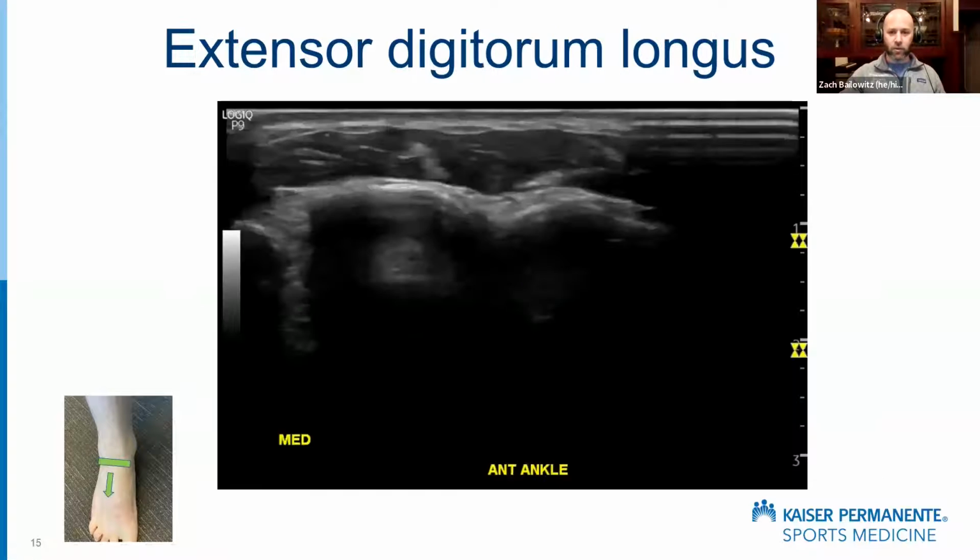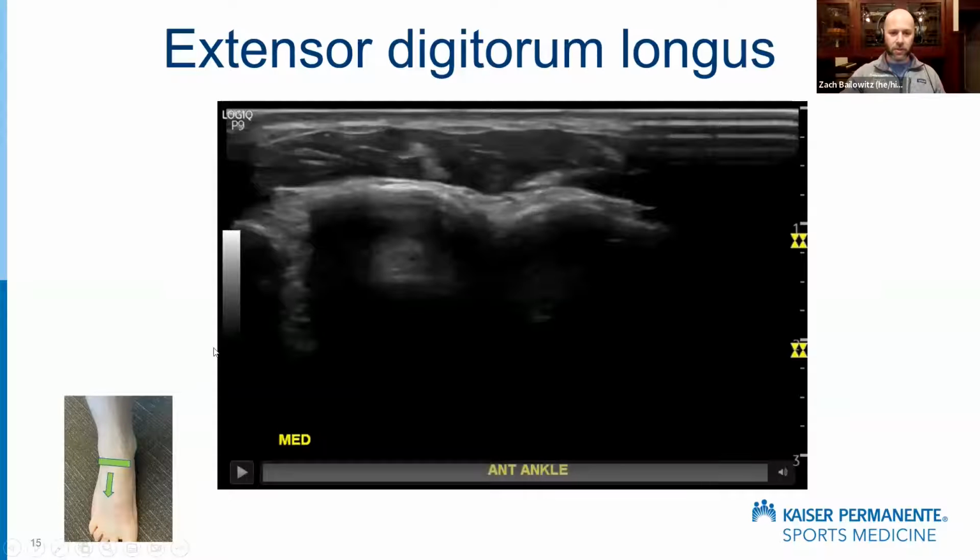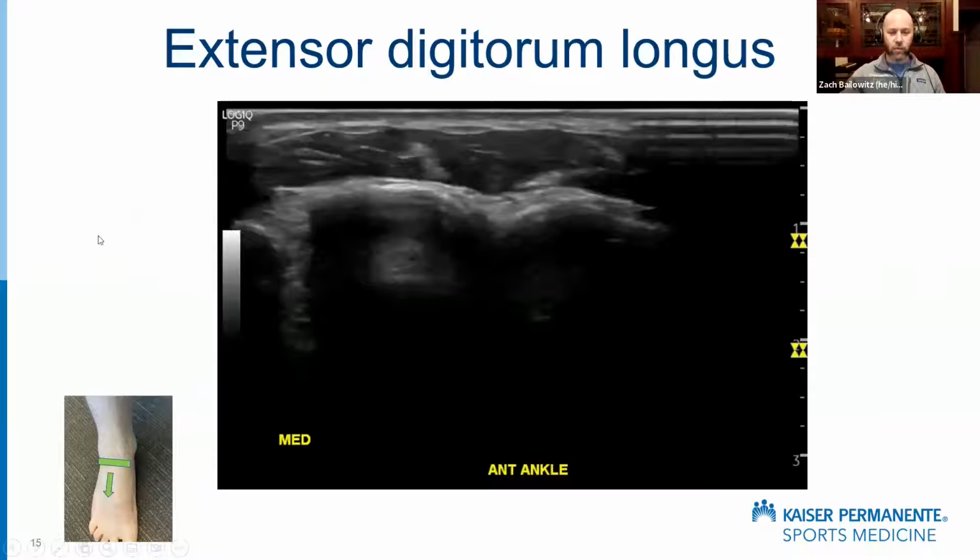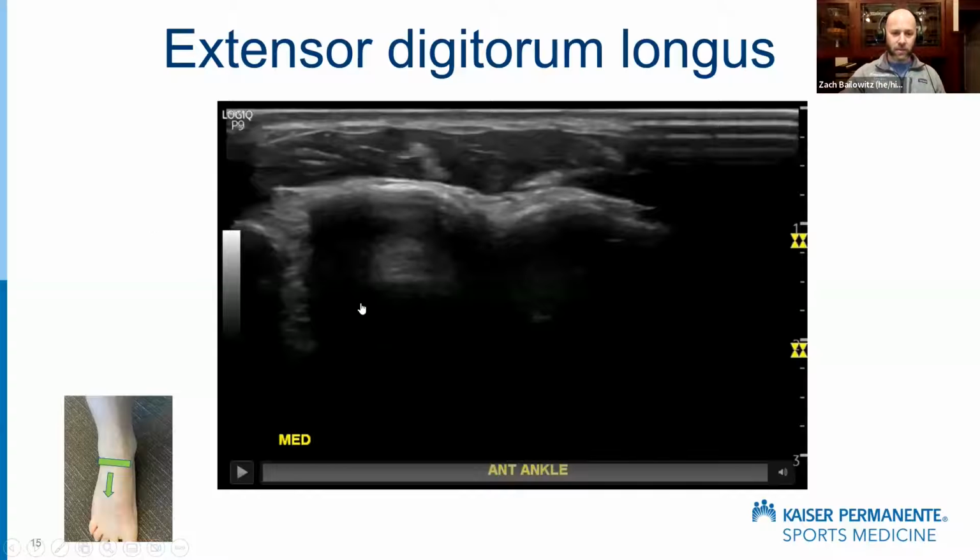The extensor digitorum longus is a little bit trickier just because at the level of the ankle, it's one tendon, but then as soon as you start going distally, it divides. And so this is a video that I'll play here in a second, but you can see 1, 2, 3, and 4 different tendons over the top of this muscle here. So this is kind of the distalmost aspect of the video. And now I'll go ahead and play it, but just as an FYI, the muscle underneath here is the extensor digitorum brevis.